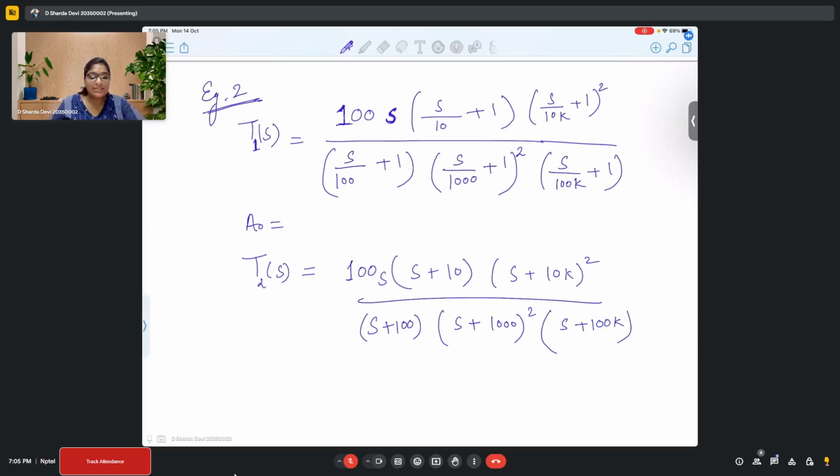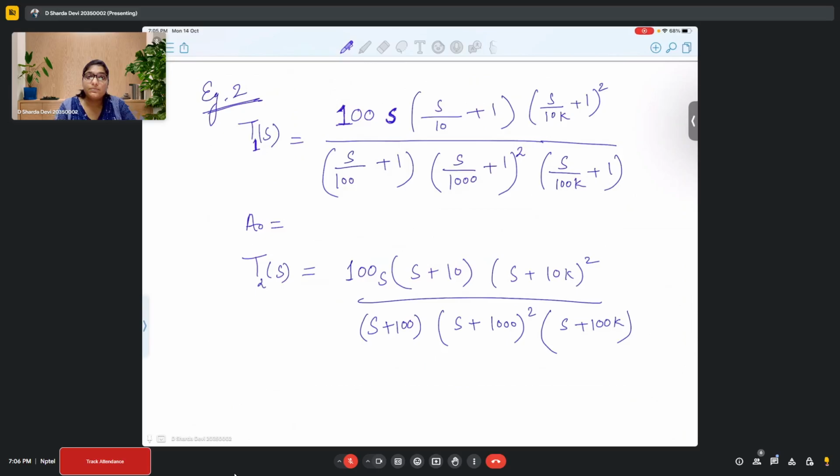So are poles and zeros at the same position in both T1 and T2 first of all? If we take the second term out from all of them, like again convert it into this form, the T1.